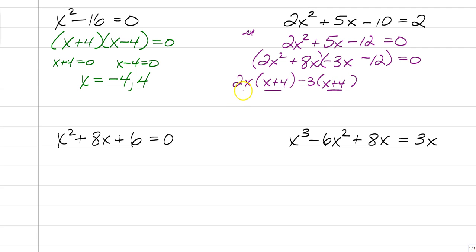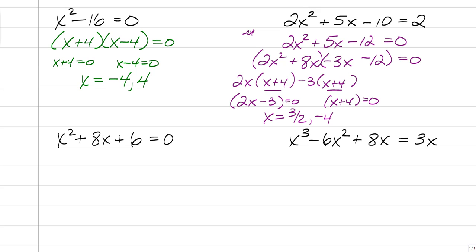So you take your GCFs and you have 2x minus 3. You put them together. That is equal to 0, and you take x plus 4, and that's equal to 0. So finally, you should have x is equal to a positive 3/2 and a negative 4 after you solve both of those for x.